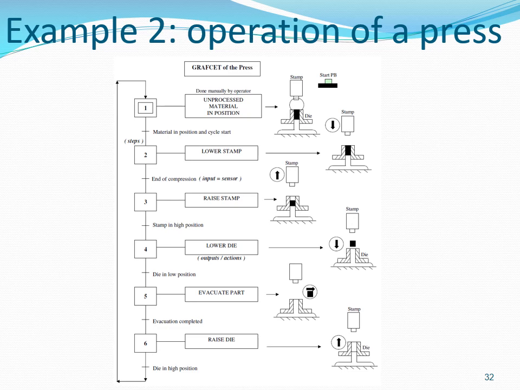When the end of compression is reached, that is, when the stamp gets to the low position, the stamp is raised. When the stamp gets to the high position, the die is lowered. When the die gets to the low position, the pressed material is evacuated. When evacuation is completed, the die is raised in preparation for the next cycle of pressing. When the die gets to the high position, the system returns into the idle state.